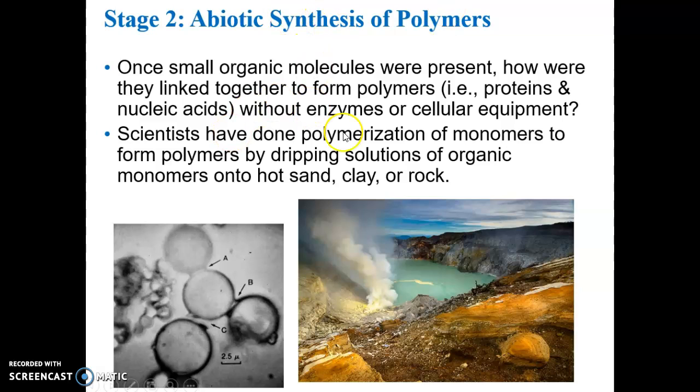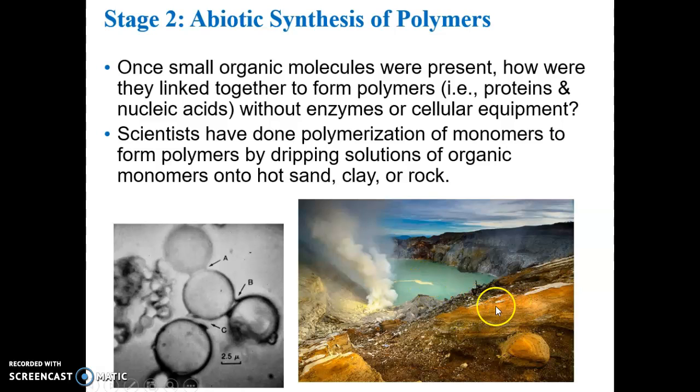Well, scientists have achieved polymerization of monomers, meaning linking monomers together to form polymers, by simple experiments of dripping solutions of organic monomers, like a soup, if you will, onto hot sand, clay, or even rock.